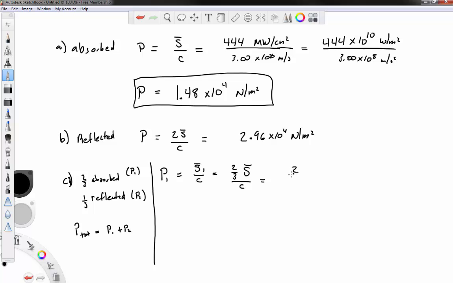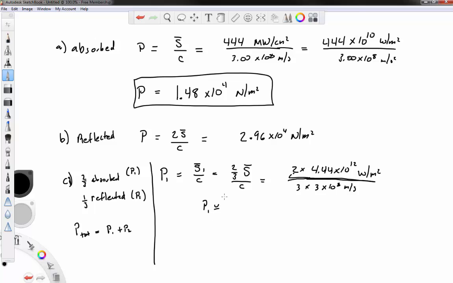So that's 2 times 4.44 times 10 to the 12 watts per meter squared, divided by 3 times 3 times 10 to the 8 meters per second.